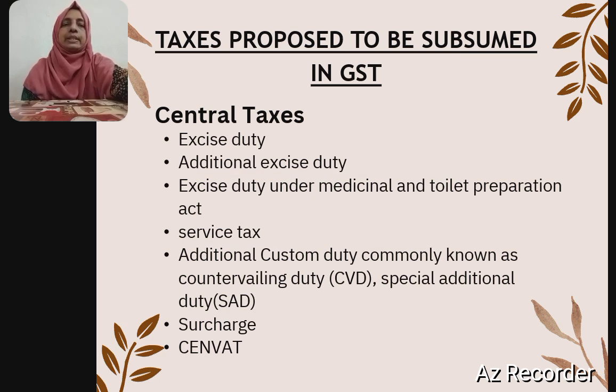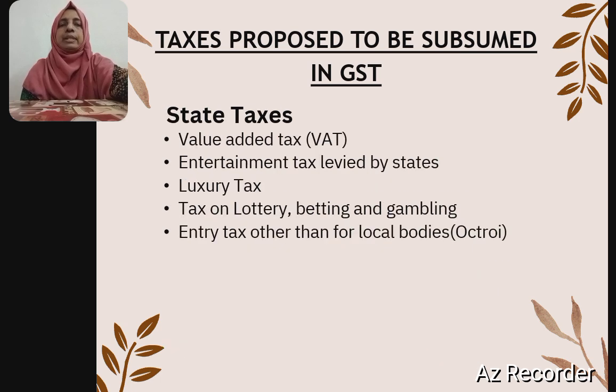The central taxes subsumed in GST are excise duty, additional excise duty, service tax, additional customs duty, countervailing duty, surcharge and SENVAT. The state taxes subsumed in GST are VAT, entertainment tax, luxury tax, tax on lottery, betting and gambling, entry tax and octroi.